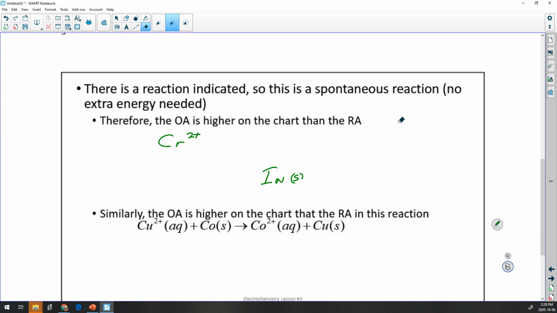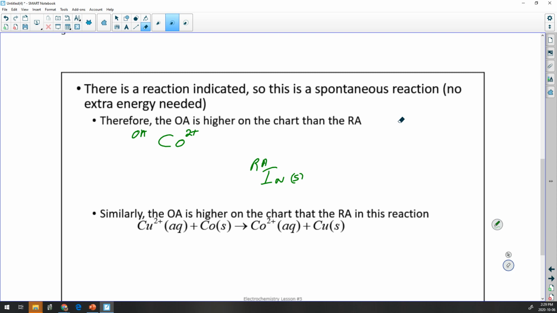I don't care about the 2, I just care about the values. So when we arrange our table, so this is our OA, this is our RA. We'll keep that in mind and we'll create a table from that in a minute.